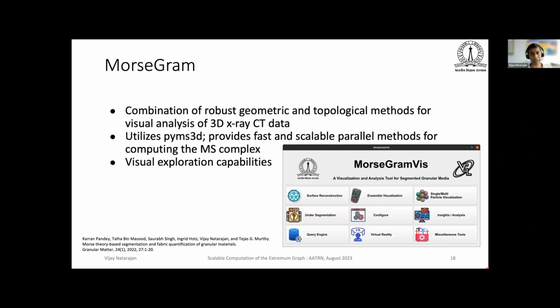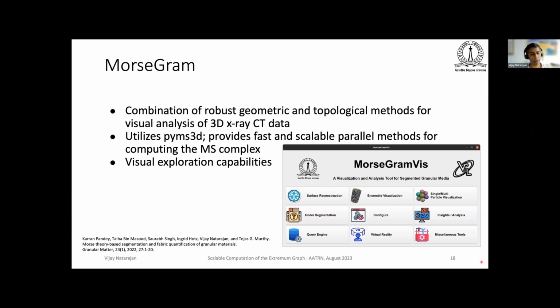So this was extended later, more recently, towards extracting and analyzing such data after the segmentation and the contact networks are computed. The underlying algorithm for computing the Morse complex is based on a fast scalable algorithm that runs on the GPU and on multi-core CPUs.